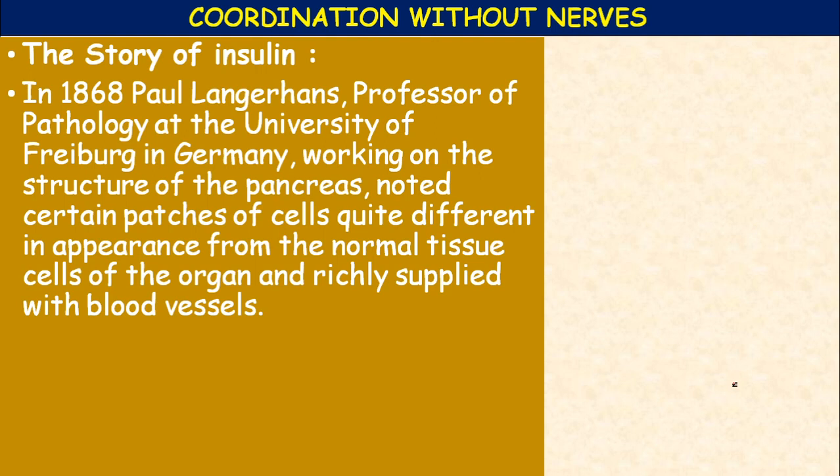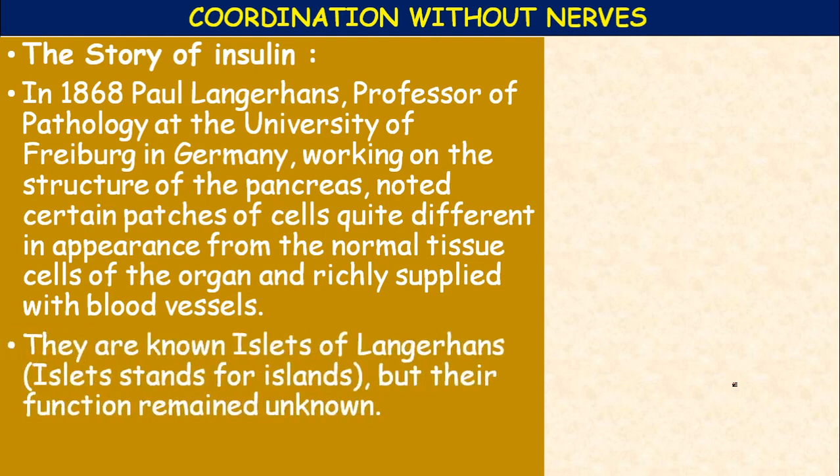Okay, they are richly supplied with blood vessels. So they are known as islets of Langerhans. He named them islets of Langerhans. Islet stands for islands. Okay, but their function remained unknown. He didn't know about the function.